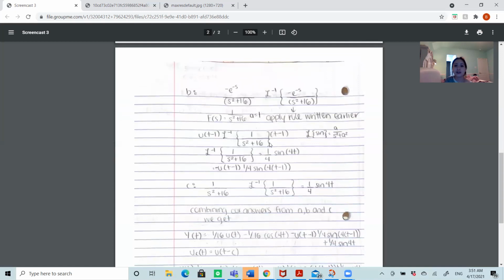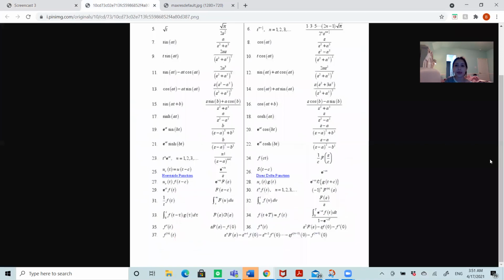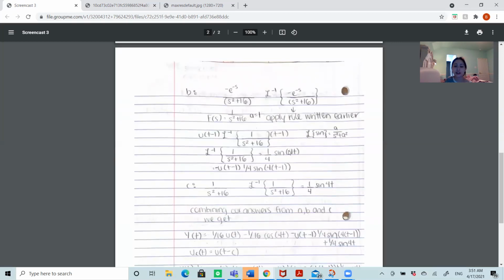And so this term will just be equal to 1/4 sine of 4t, because the sine equation, as you can see, has a on top and we have a 1 here. So we must modify it so that it gives us what we want.